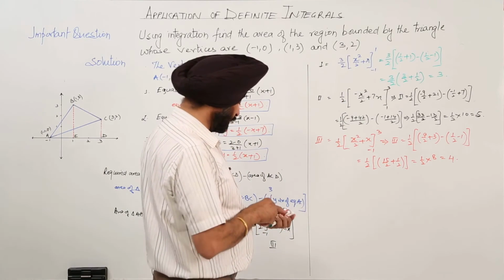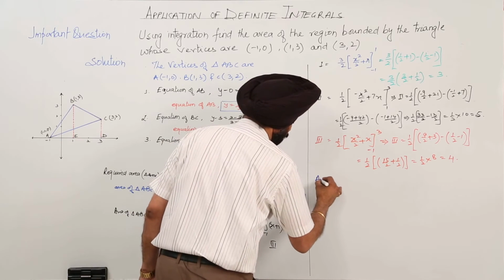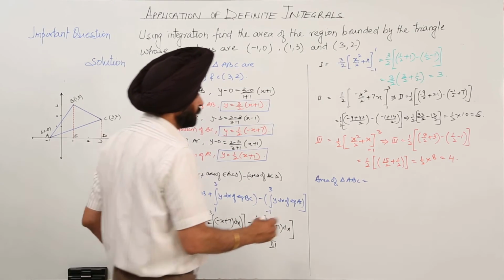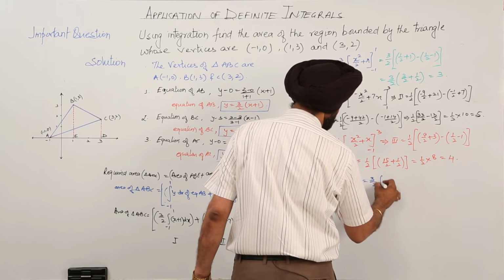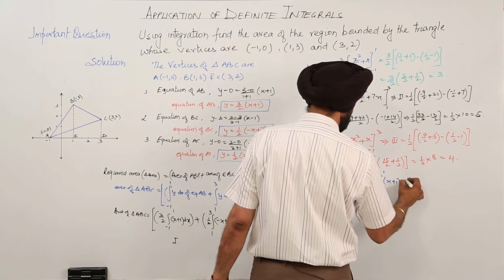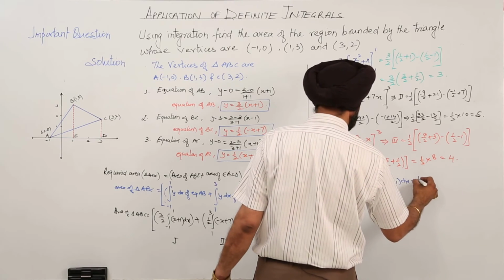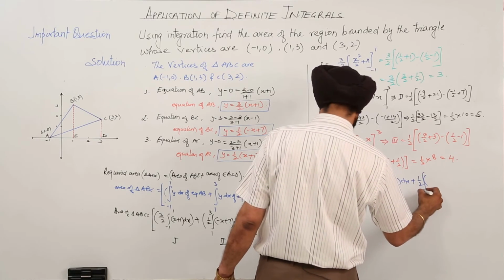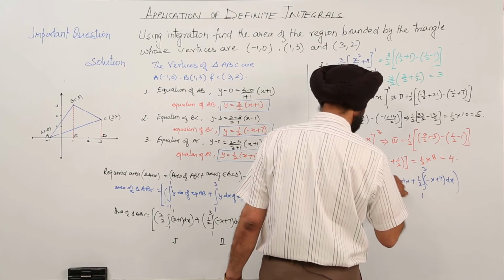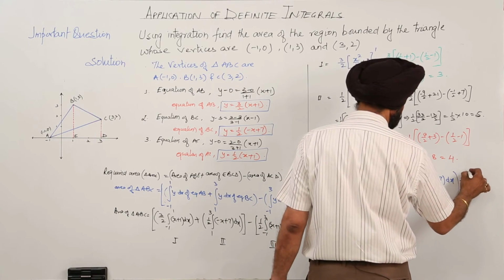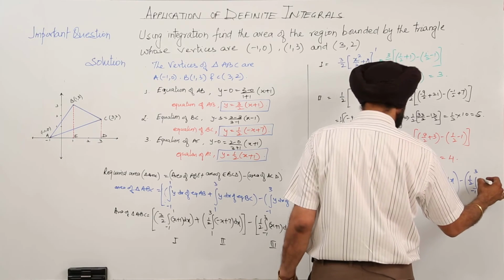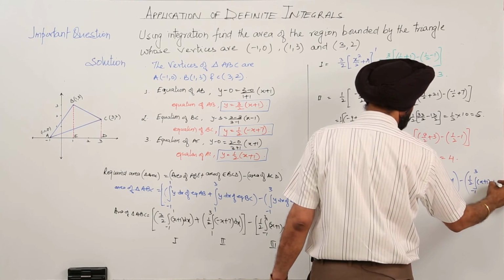Now the area of triangle ABC is equal to 3 upon 2 times the integral from minus 1 to 1 of (x plus 1) dx, plus 1 upon 2 times the integral from 1 to 3 of (minus x plus 7) dx, minus 1 upon 2 times the integral from minus 1 to 3 of (x plus 1) dx.